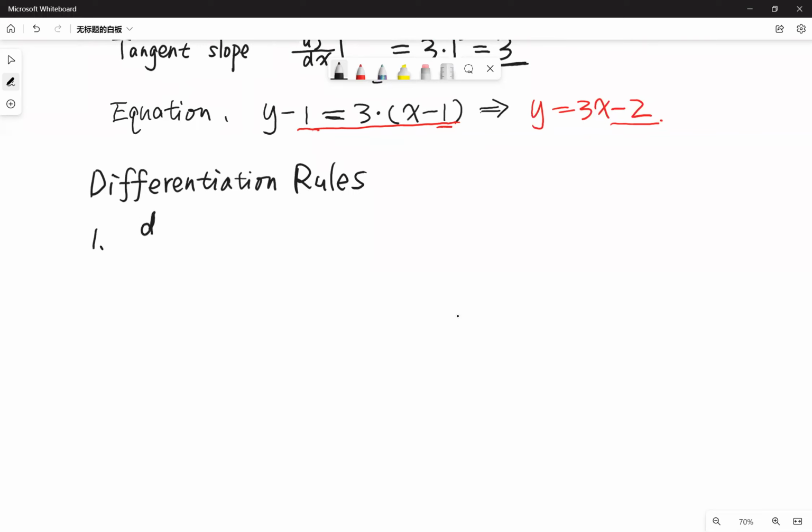The differential of the sum of f and g, where f and g are two functions here.